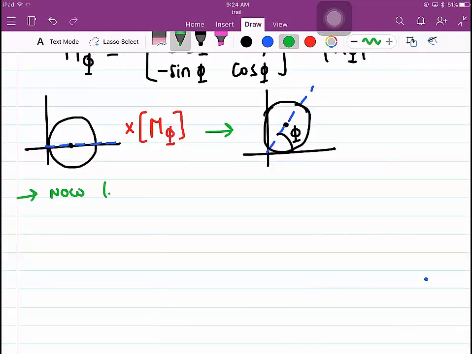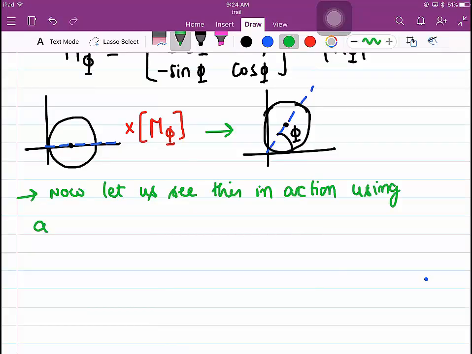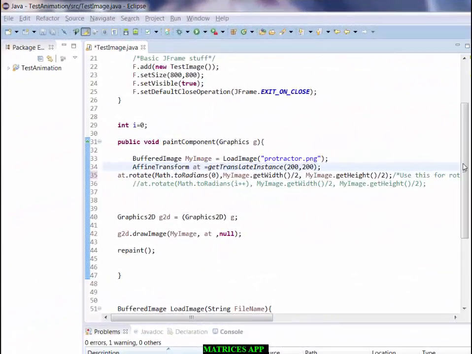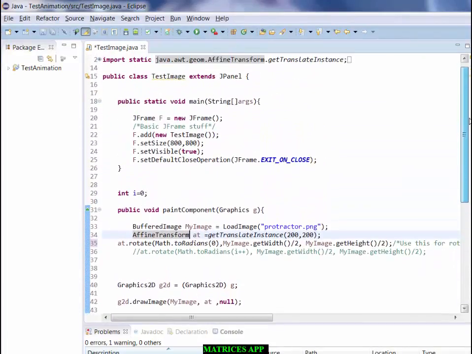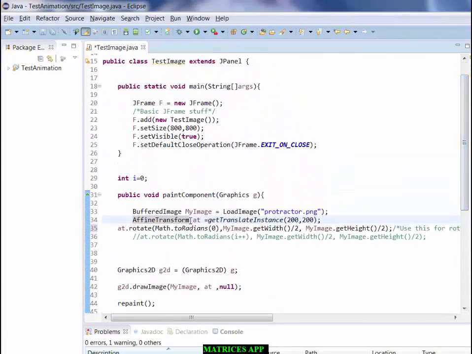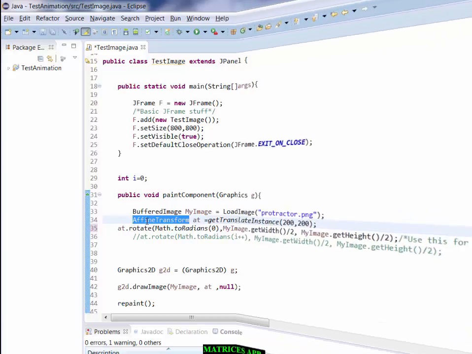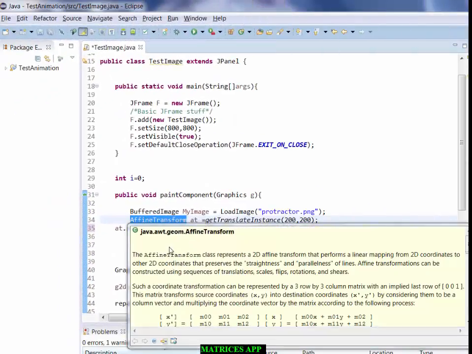Now let us see the application of this concept in a Java program. Usually we don't do this on paper and plot all the points to get the transformed points; instead, we use this in programming. If you see this affine transform function, it actually does all the work that we have discussed till now.